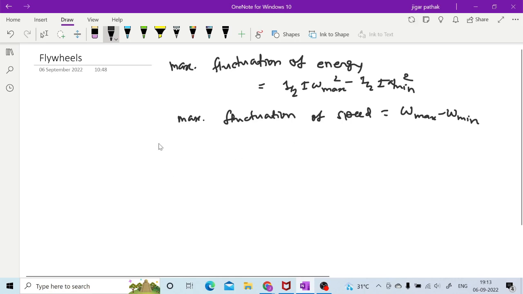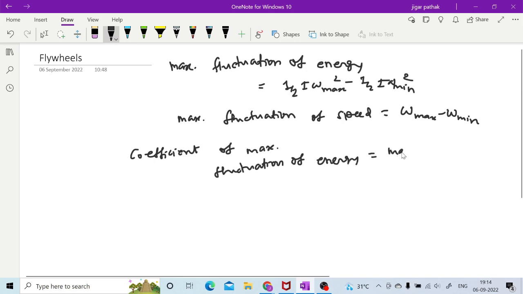Similarly, you can have coefficient of maximum fluctuation of energy, which can be given by this maximum fluctuation of energy divided by work done, right?